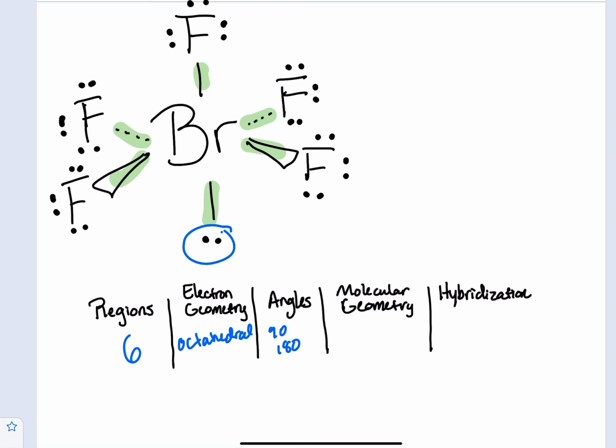So that's square pyramidal. We still have all of our angles. These two right here are 180 apart, and these two are 180 apart because it was a square. It may have looked like a rectangle to you, but it was supposed to be a square.